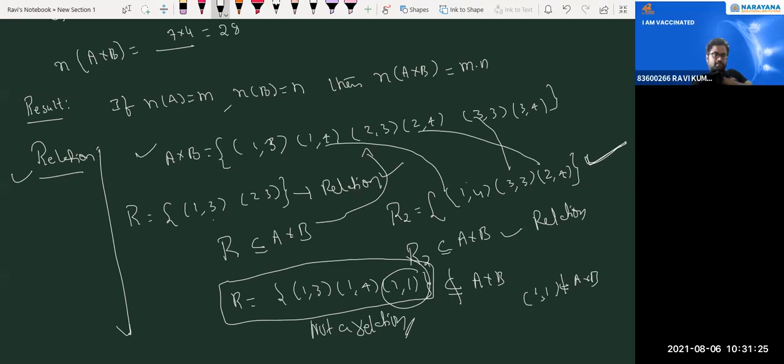Okay. Now, see, relation means what? If anyone has not written the notes of relation before, better you write. Relation means a subset of Cartesian product.